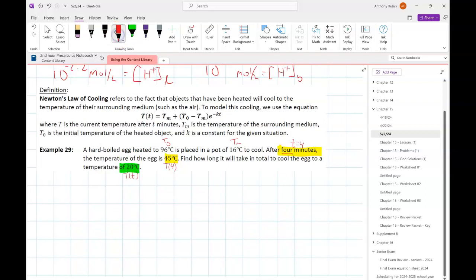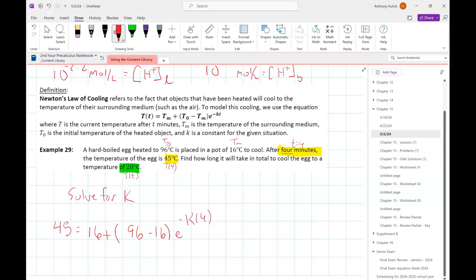So it'd be 2 steps. Our initial step, we're solving for k. We have 45 is equal to 16 plus 96 minus 16 e to the negative k times 4. Is everybody okay with that?